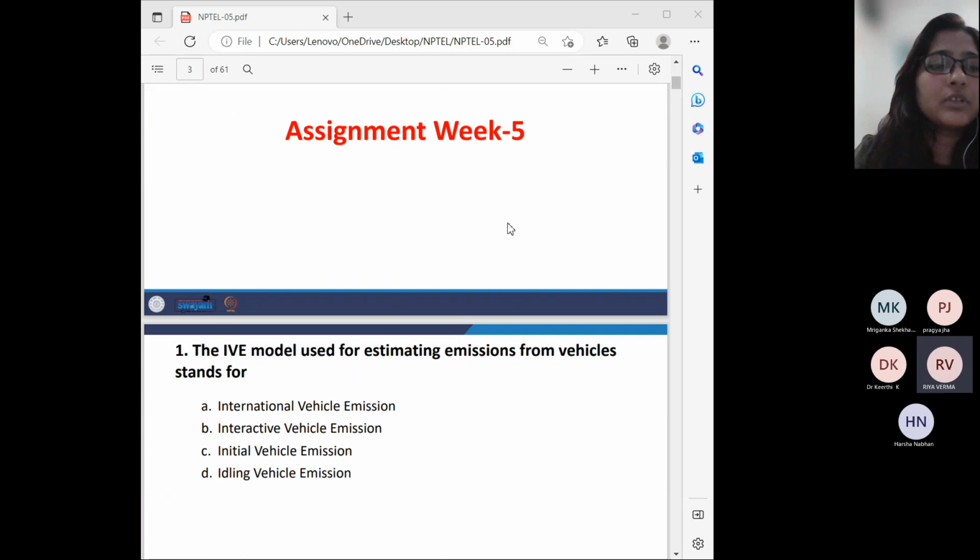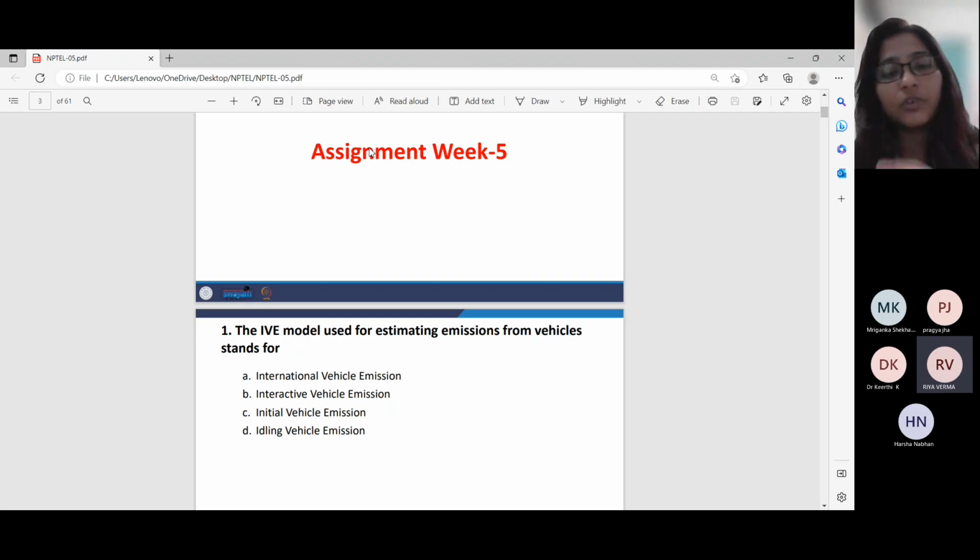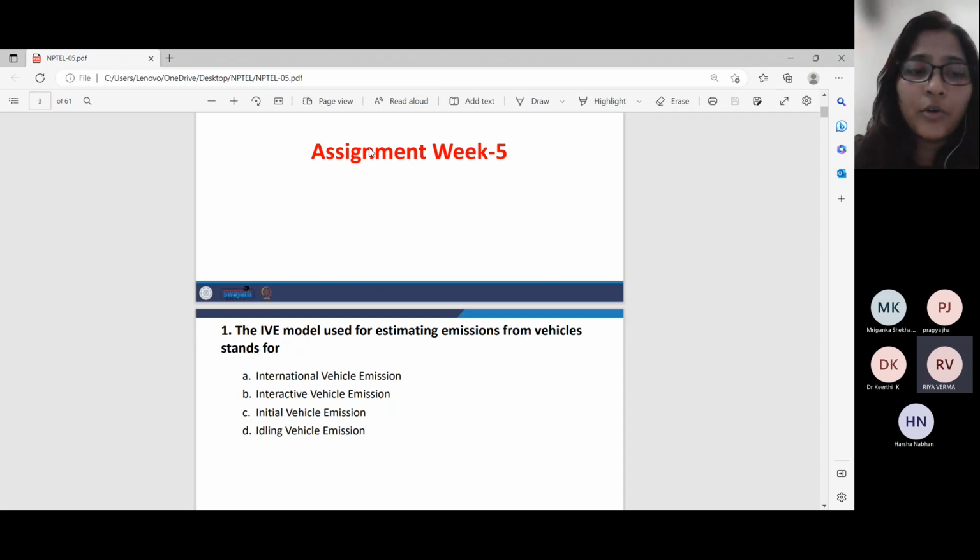Okay, so the first question is: the IVE model used for estimating emissions from vehicles stands for, and your options are option A, international vehicle emission, option B, interactive vehicle emission, option C, initial vehicle emission, and option D, idling vehicle emission.